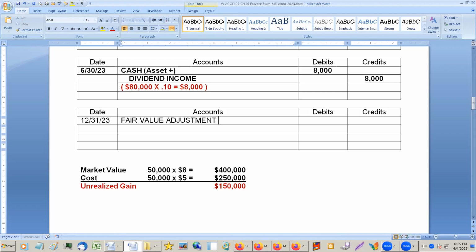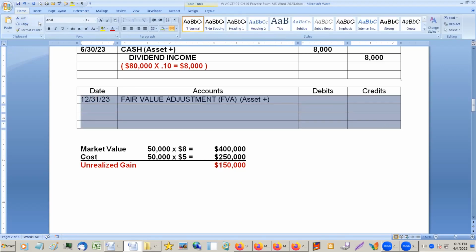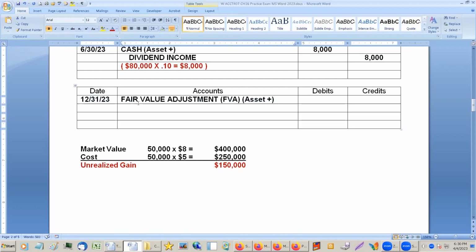And again, you can just put that in as FVA. And that is an asset going up. It will be an unrealized gain.